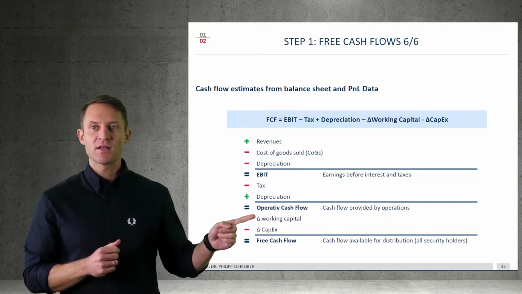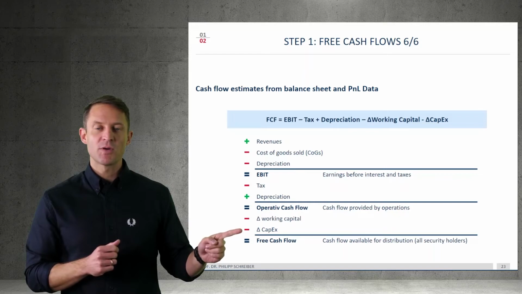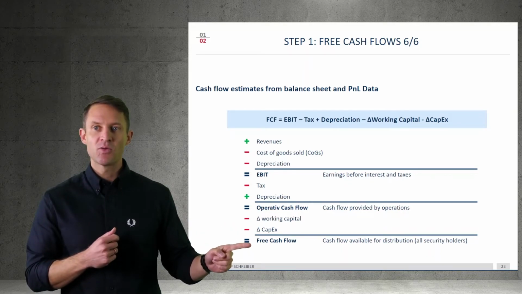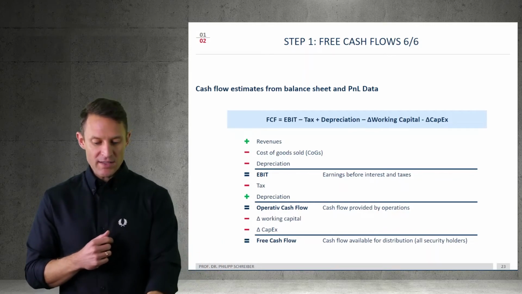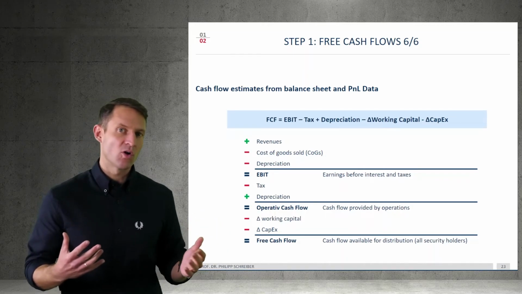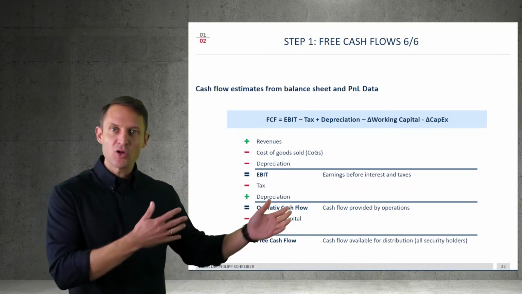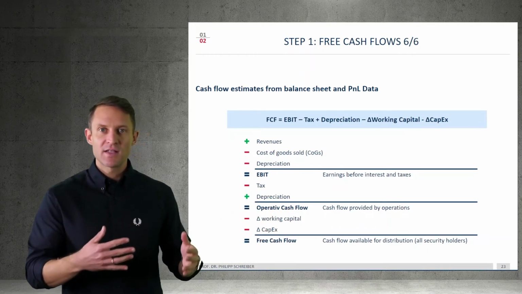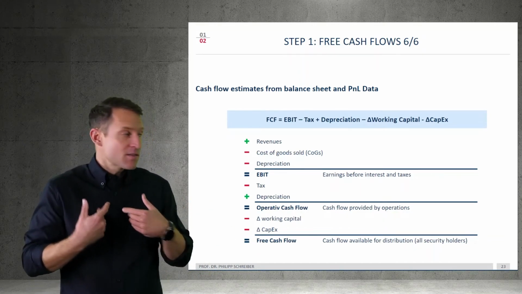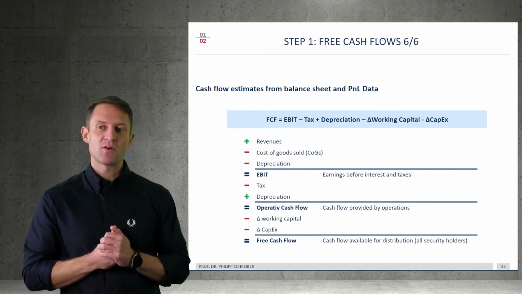We subtract how much money we spend on working capital, and we subtract how much money we spend on long-term assets, capital expenditures, and we end up with the free cash flow. That's the cash that is available for all security holders, available to bondholders, to stockholders. That's the money that belongs to the investor. And we are an investor. That's why we are interested in the free cash flow.